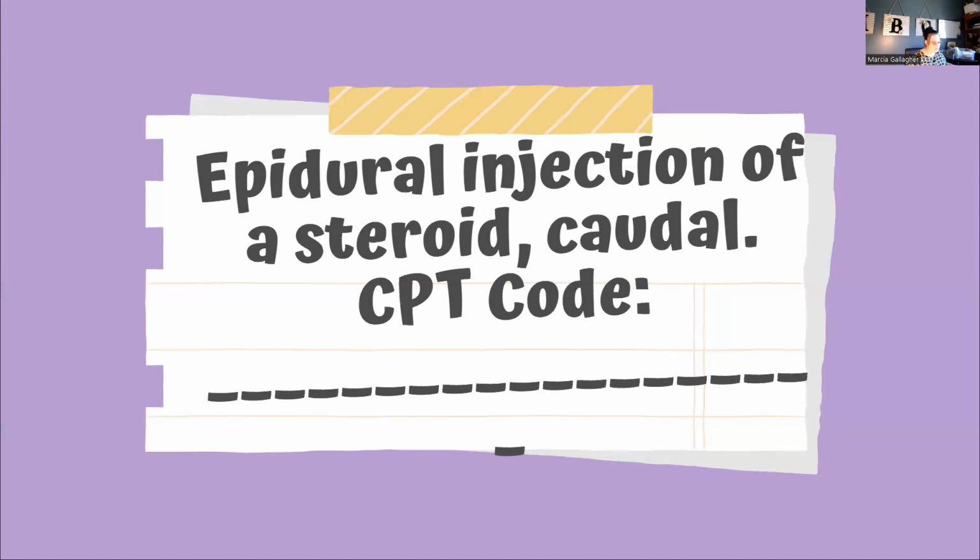I've gone too far. Did anybody find injection? Yeah, I went to injection, but it said to go to epidural injection. So I went to epidural and it has injection there. It's on page 1094.